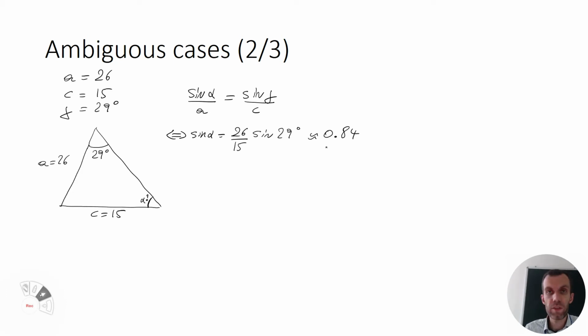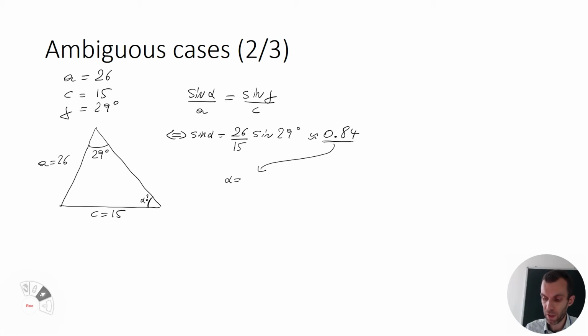If you press the inverse sine button on your calculator, or if you think a bit about the possible solutions, and we'll see more about that in the next lecture, you'll see that 0.84 gives rise to two possible values for alpha in our triangle.